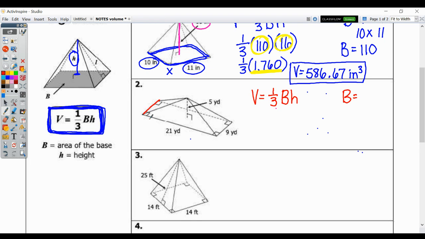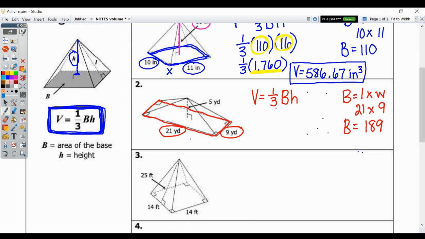The base looks to be a rectangle. So the formula for area of a rectangle is length times width. The length is 21. The width is 9. So 21 times 9. My capital B is going to be 189.